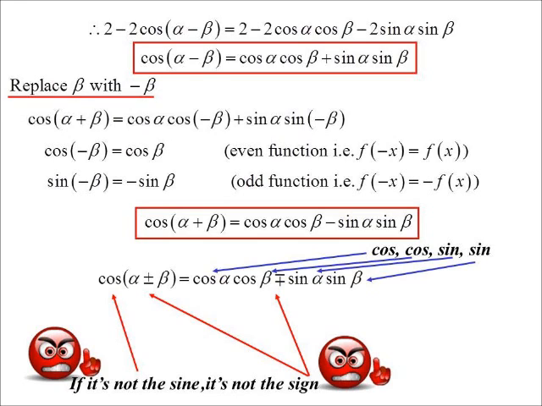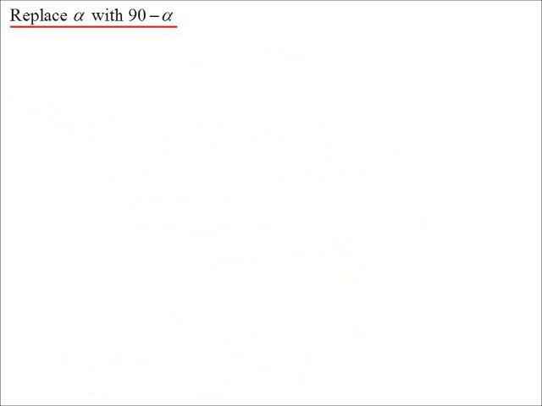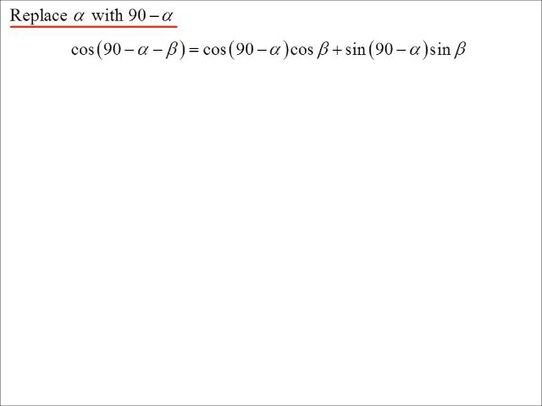All right. Now, I'm going to go back to that first one we derived. This time, I'm going to replace alpha with 90 minus alpha. So we get cos of 90 minus alpha minus beta equals cos 90 minus alpha cos beta, plus sine 90 minus alpha sine beta. This time, I'm going to play around with the idea of complementary ratios. The cos of 90 minus alpha is the same as sine alpha, and vice versa.